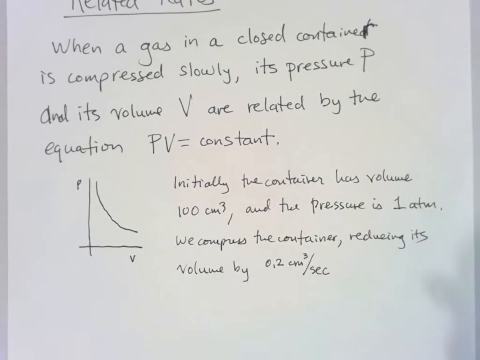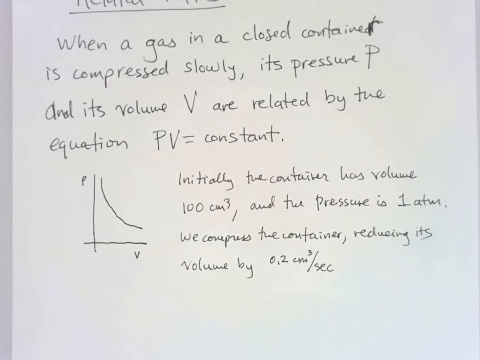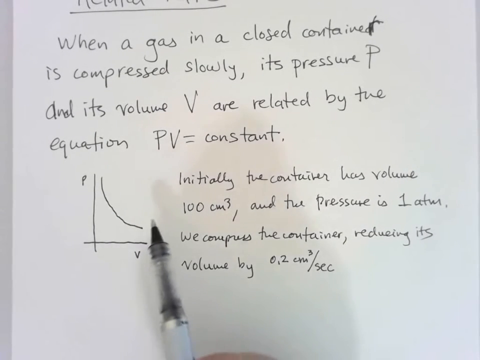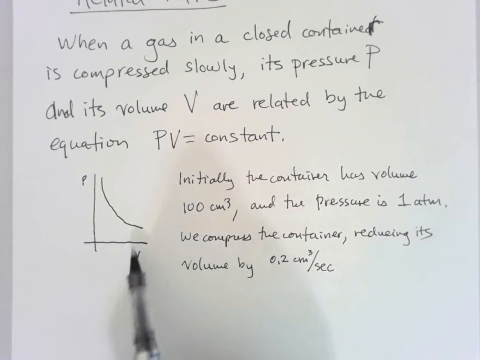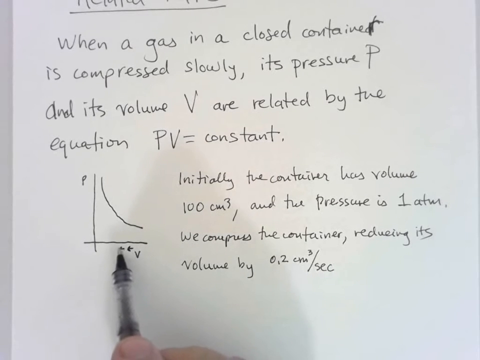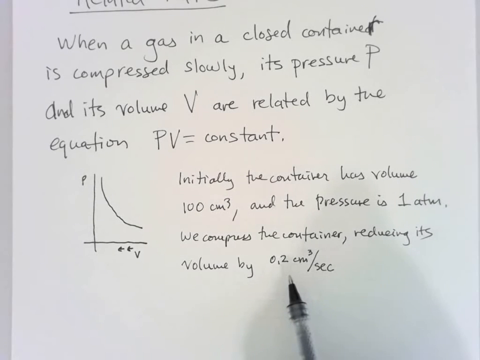So we're compressing it very slowly. We're pushing down very gently on this. So of course we are compressing the volume, and we know that the volume is decreasing here.